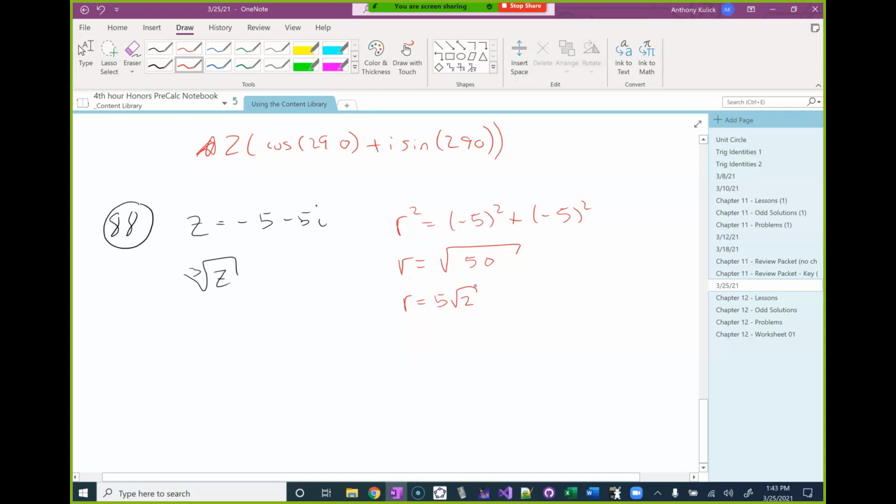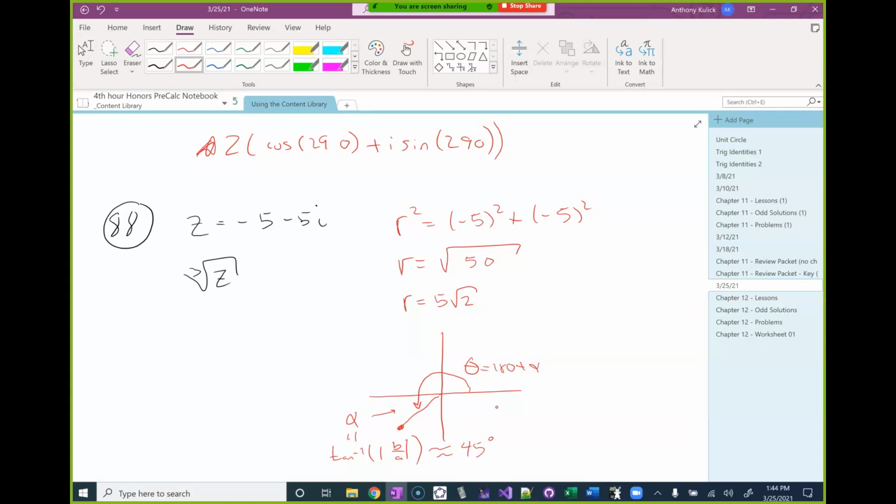Next thing I'm going to do is find my angle theta. So I plot -5, -5, which is down here. So I'm looking at angle theta. To get that, I'm going to use this angle alpha, because theta is 180 plus alpha, where alpha is the tan inverse of the absolute value of 5 over 5. Just real quick before I keep going here, did they want the trigonometric form in radians or degrees on this problem?